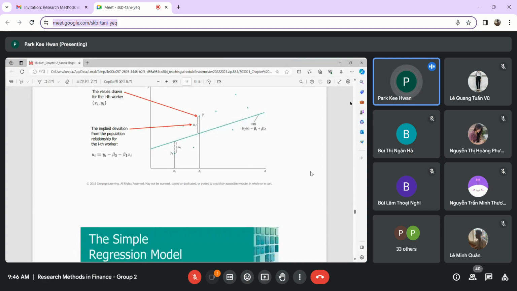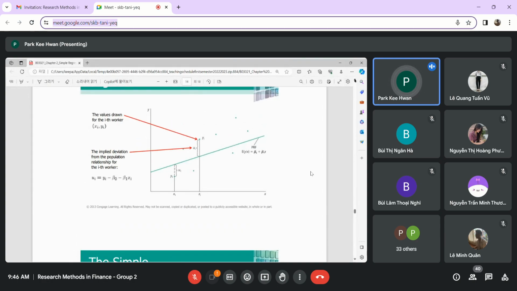So this graph shows the data points of the n observations we have from the sample drawn at random. For example, here we have y along the vertical and x along the horizontal.